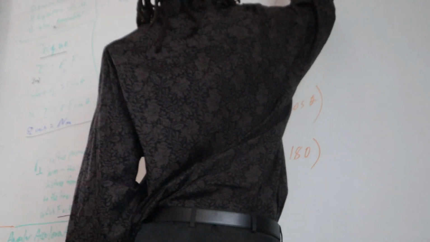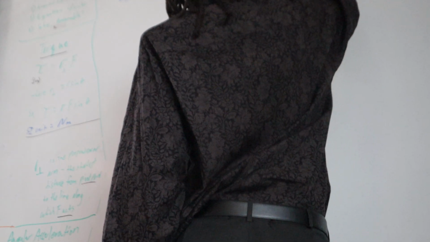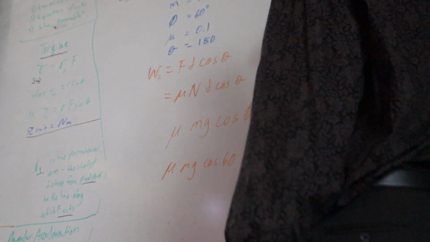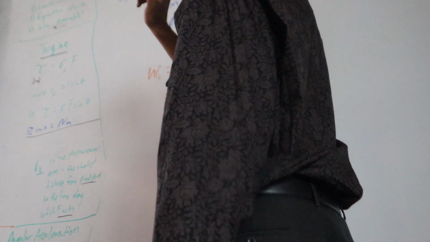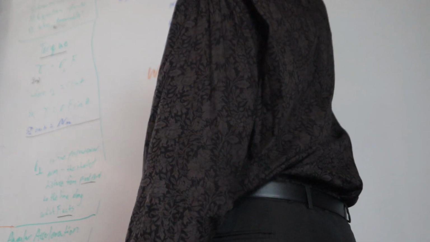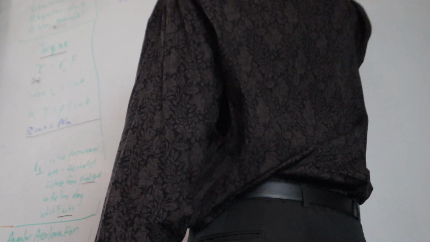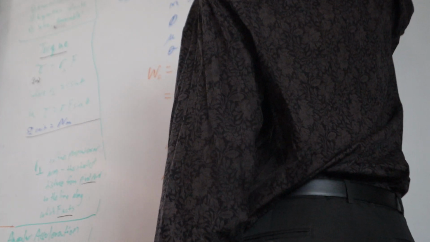So B, how much work is done on the rope. So WR question mark. So instead of this F, we're gonna put tension.